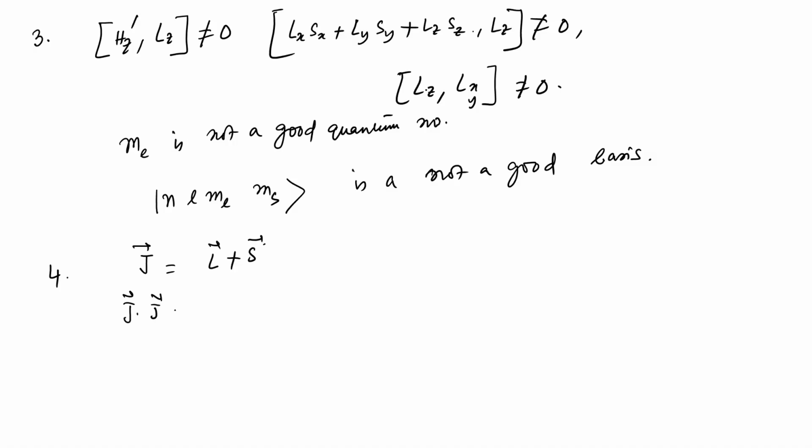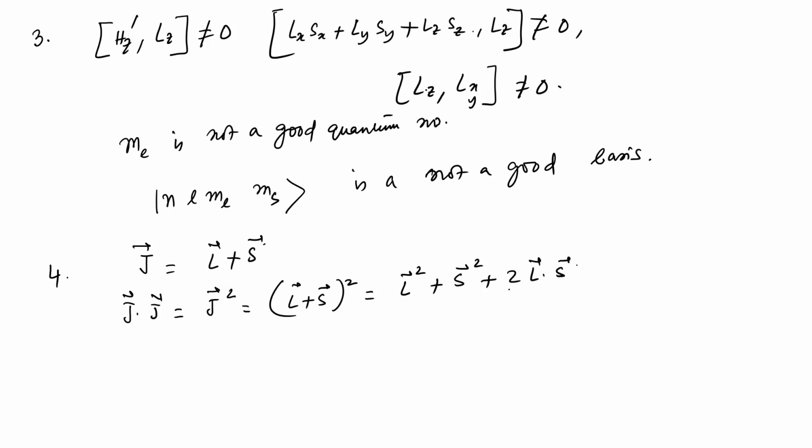We can write J dot J, which is J square, which is equal to (L plus S) whole square, and here we get L square plus S square plus 2 L dot S. Okay.